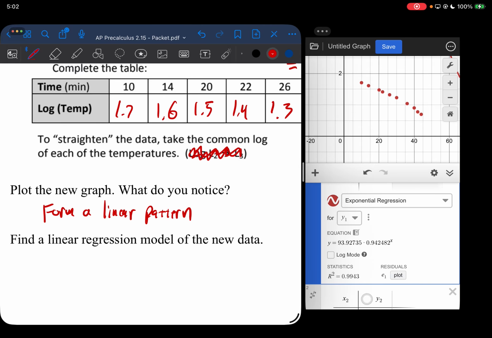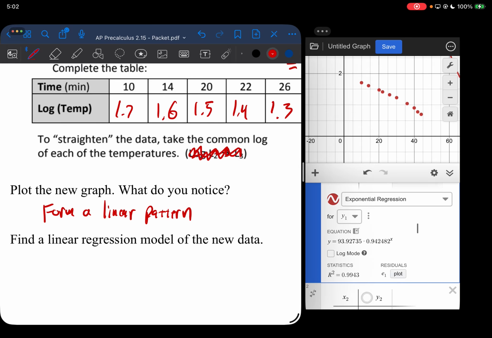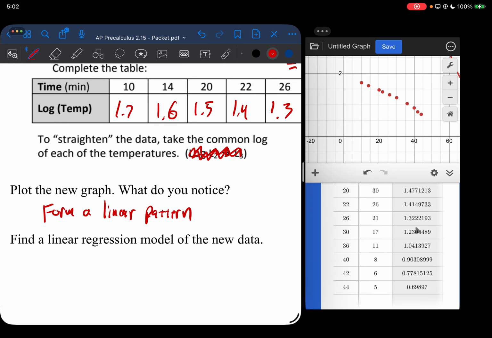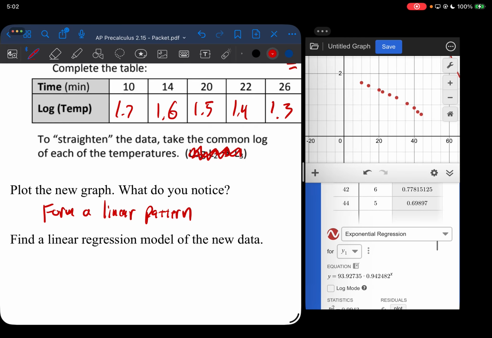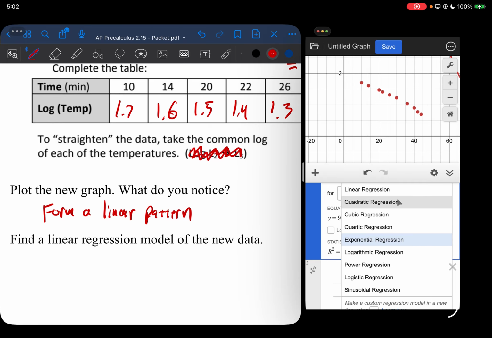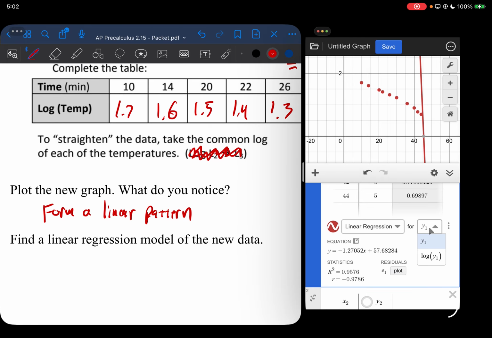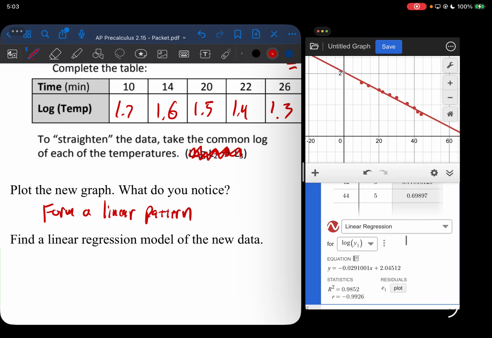Now, they want us to run a linear regression of this. Now, when you have multiple columns, you have to tell Desmos, we're using the same x values, but now which y value? We want to use log of y1. So I want to change this to a linear regression, and I want to change this to log of y1.